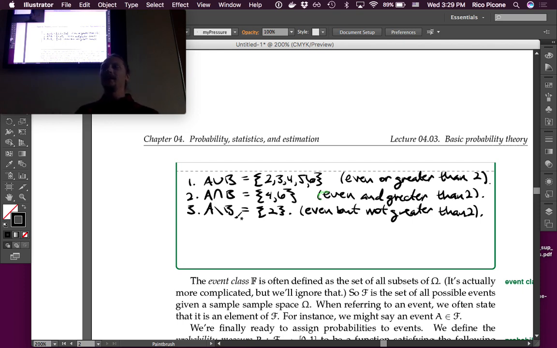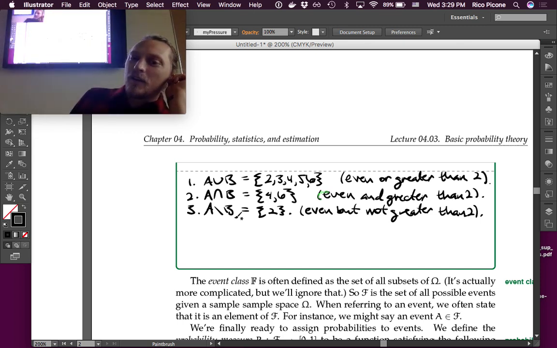So it's even, but anything that's greater than 2 we're going to take away. So the not statement is important at the end. But you could say even but less than 3 would be another way to say it, or even but less than or equal to 2.